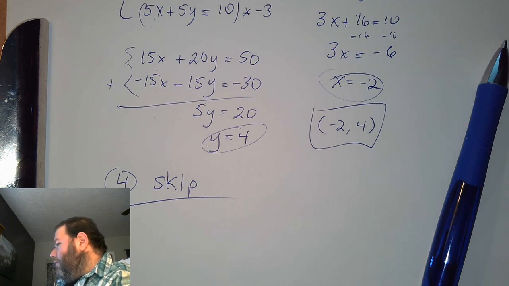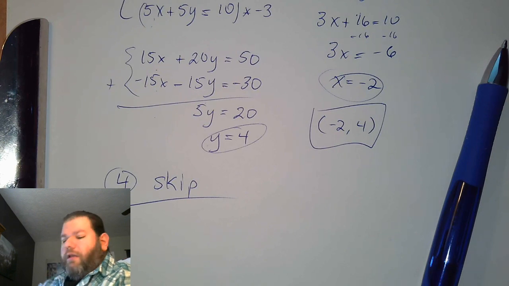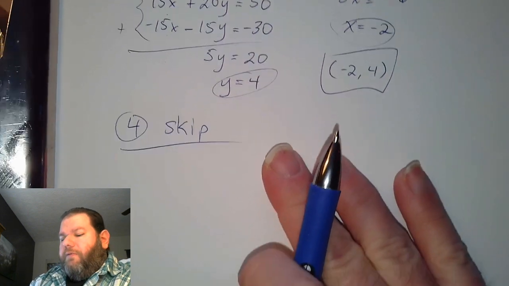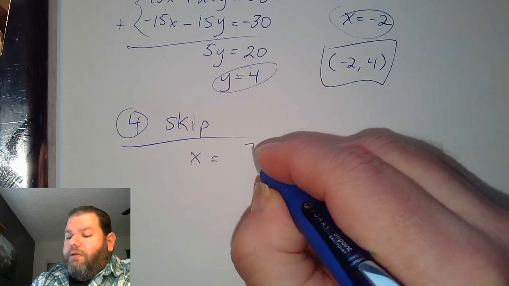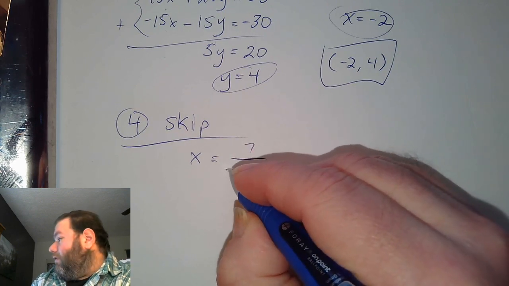It'll take me a second to figure that one out, but really all it is on number 4 is if we basically switch the x and the y, and then we solve for y.